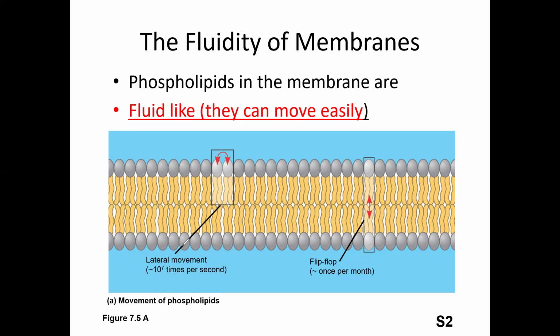It can move from one point to another, the phospholipid. So that is why it is fluid in nature. They are flipping and flopping. So these are the movements of phospholipids.